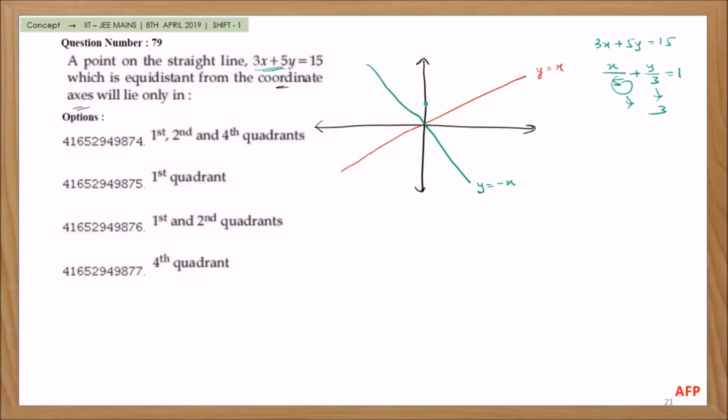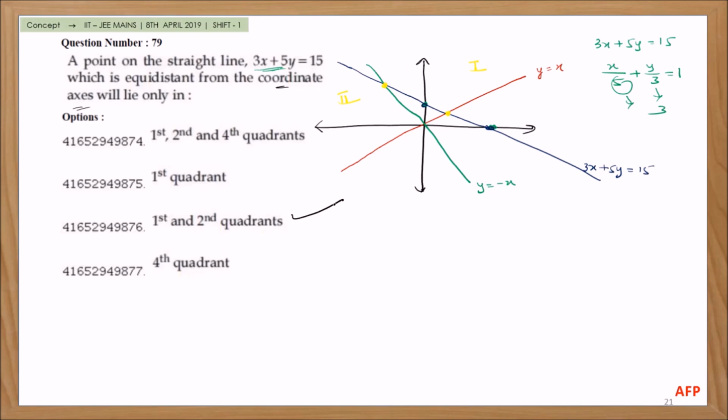Okay, so when you join this line, here are the points. This line is nothing but 3x plus 5y is equal to 15. Okay, so it exactly intersects these two lines at these points. One point, two points, means in the first quadrant and in the second quadrant.